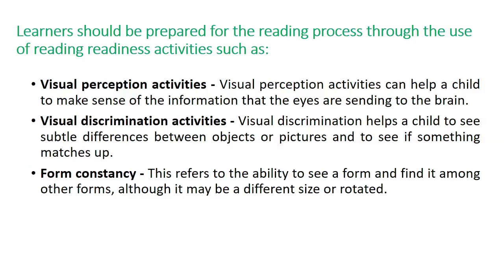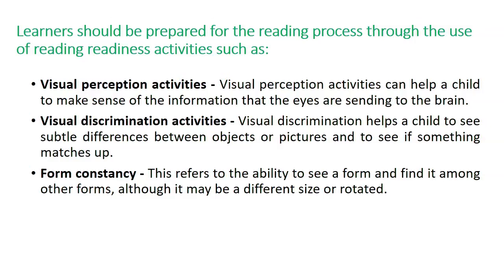It helps a child to make sense of the information that the eye sends to the brain, how the vision and the perception of what's being seen is connected. Then you have visual discrimination activities. These help a child to see the difference between objects or pictures, and to see whether there are certain things that match with each other and what the differences are between the different objects or pictures.